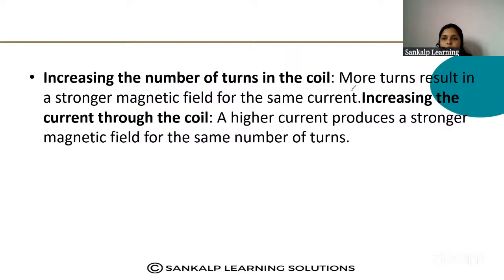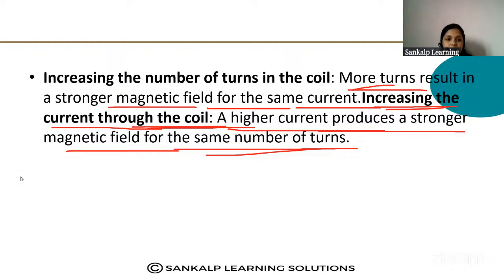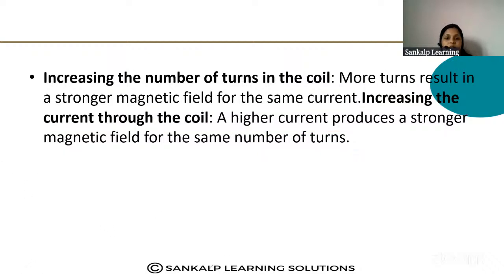More turns result in a stronger magnetic field for the same current. The second method is increasing the current through the coil. A higher current produces a stronger magnetic field for the same number of turns. When you increase the rate of current flow, there is a chance of producing a strong magnetic field. Okay, so that is the correct answer.